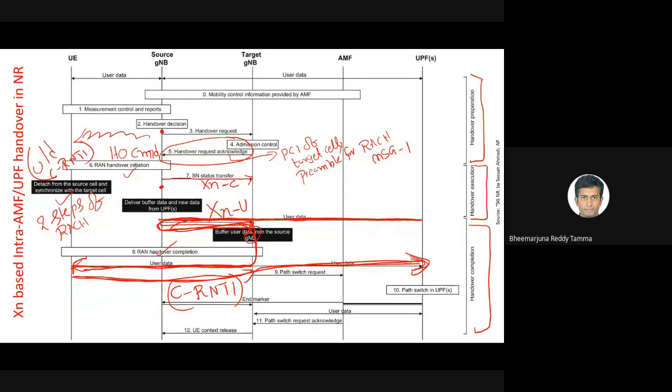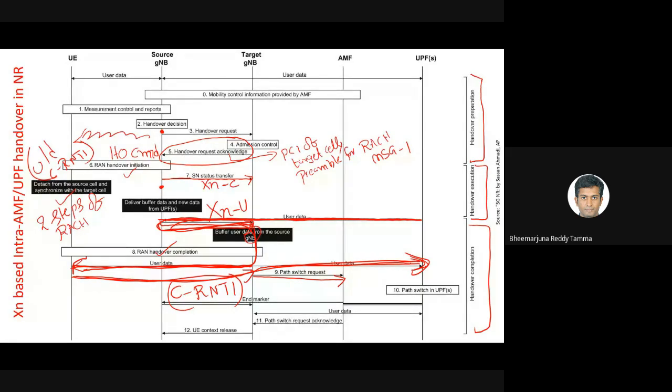So now we have to do the path switching so that we can take the source gNB out of the path of downlink data transfer. For that reason, the target gNB is sending the path switch request to the AMF.